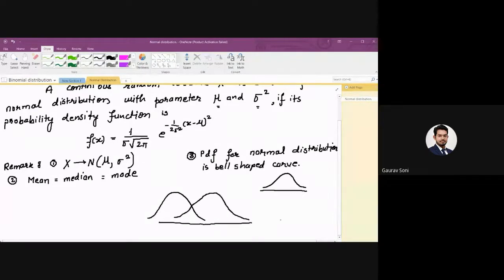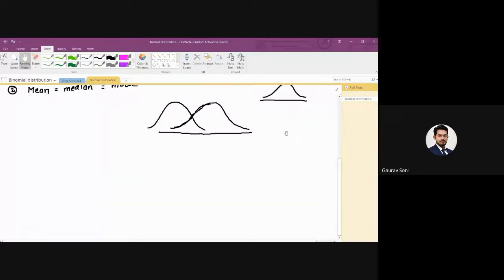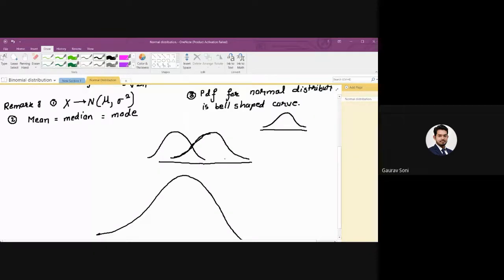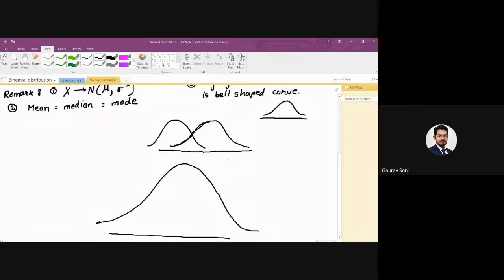According to the data, it is shifted somewhere. In some cases, the structure that we have may be larger, this kind of structure. But still, it is a bell-shaped curve.